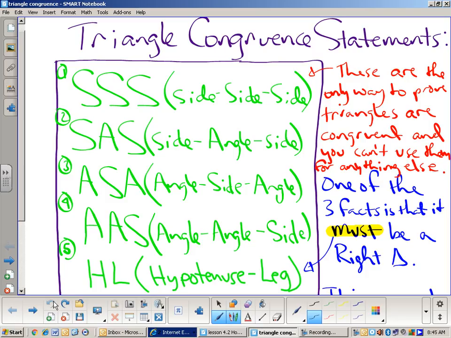What happens on a test is people start to scramble for ideas what to write down, and they start throwing SAS, SSS, ASA, AAS, and HL in for anything. I'm just telling you the only time we can use them is when the statement says a triangle is congruent to a triangle. You can't use it for segments congruent to segments, or angles congruent to angles, or anything else. The only time those green five rules can be used is when you're saying a triangle congruent to a triangle.